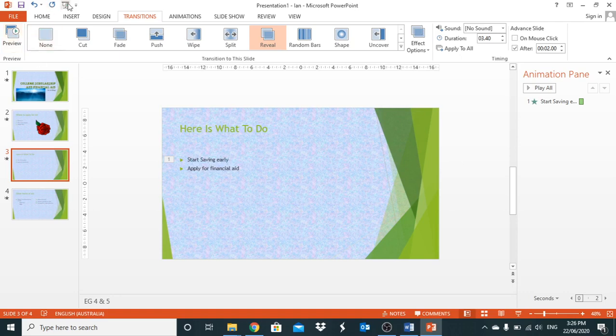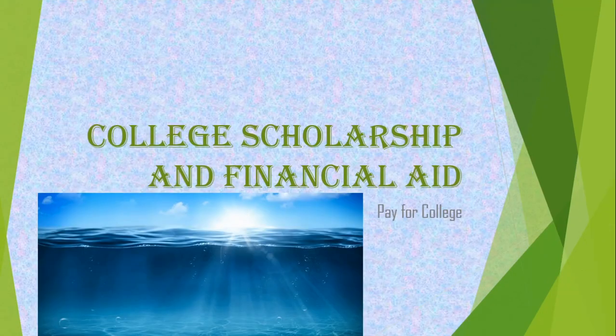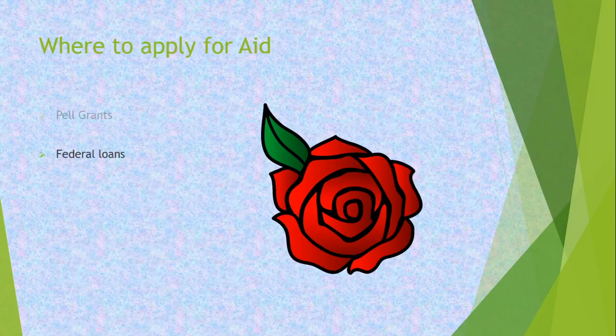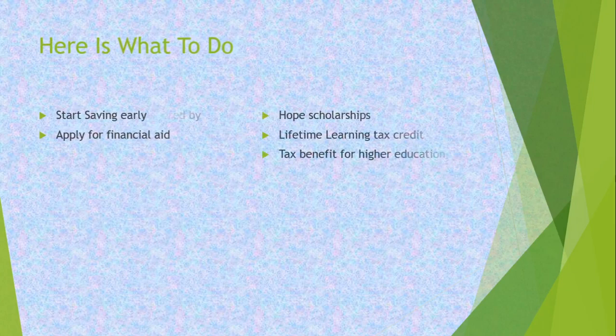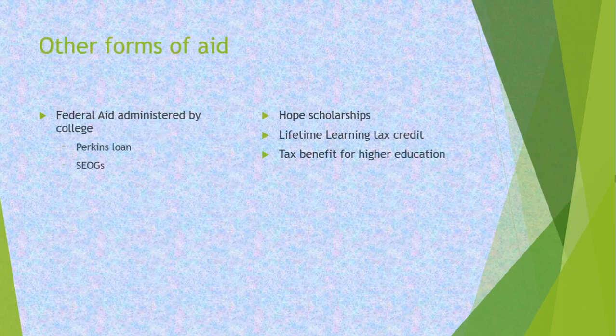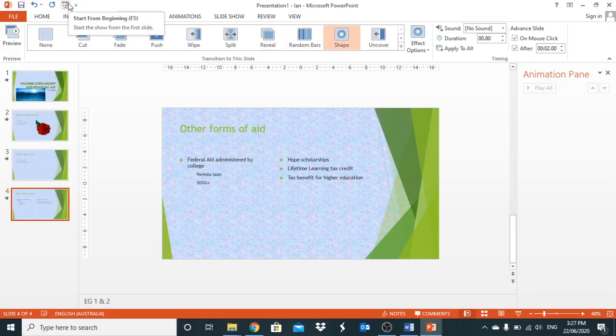Okay, if we want to start from the beginning, we go over here. That's the first one. We wait for a few seconds. Okay, so that's what we've designed so far.